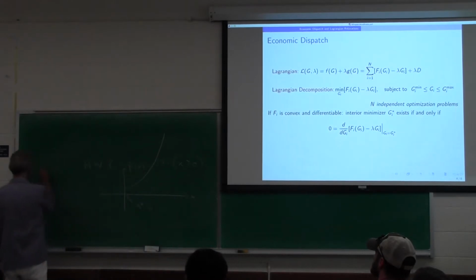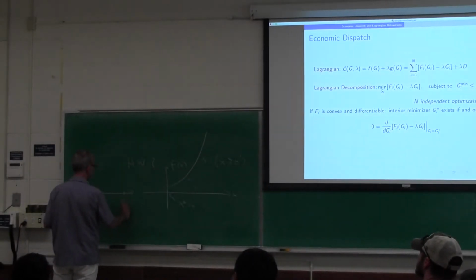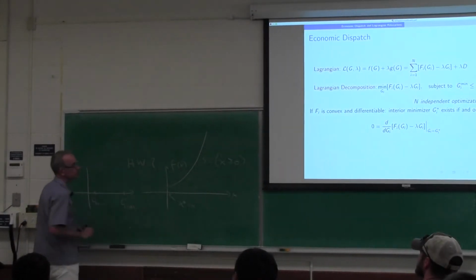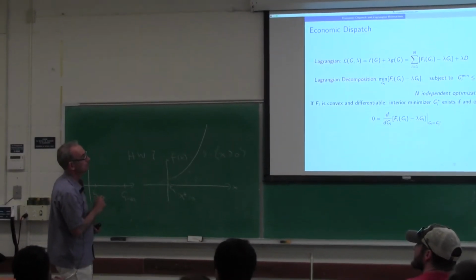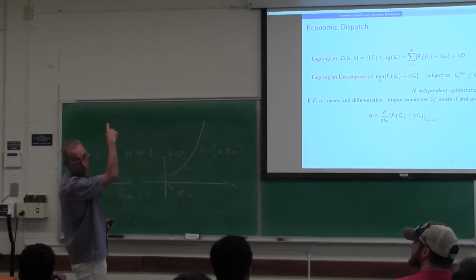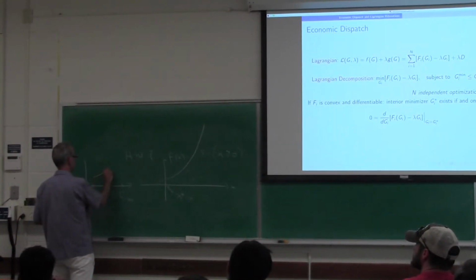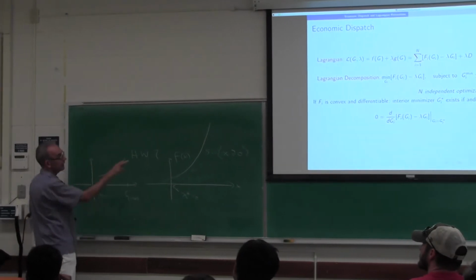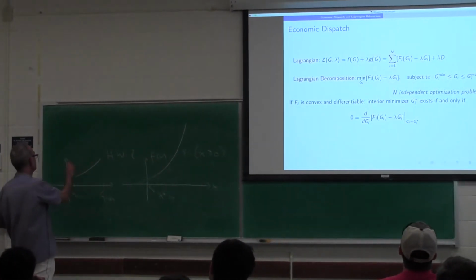So here we have a G min and a G max. And our functions are going to be increasing. But I've got a lambda there, so it might not be. But it's possible that we can have f of gi minus lambda gi.